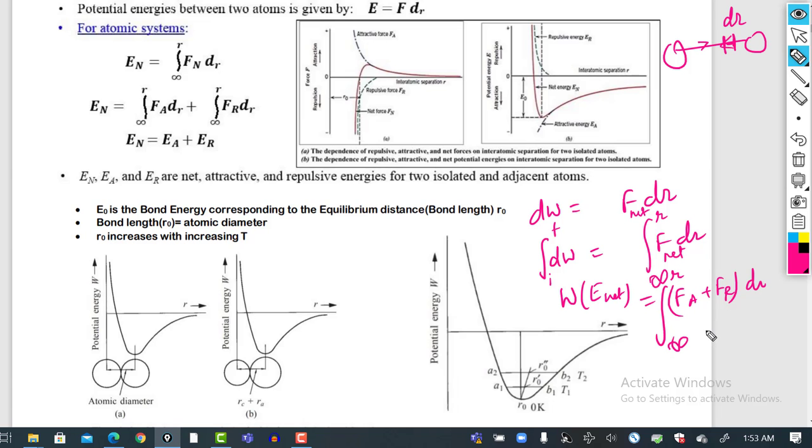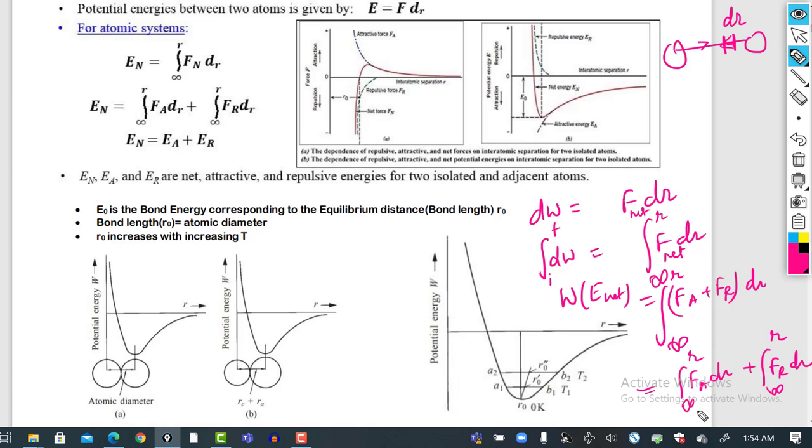Now this equation can be manipulated. So the integral of Fa dr and the integral of Fr dr can be written, with the same limits, infinity to r and infinity to r.